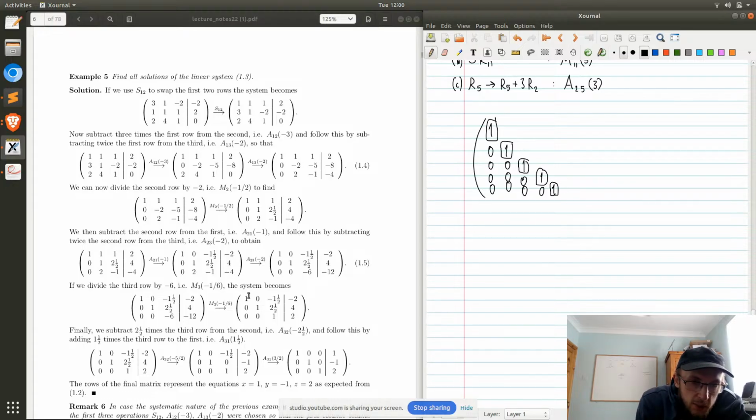And so when do they reach that stage? They reach that stage here. See, 3 1s on the main diagonal and a bunch of zeros here. Then basically they kind of like go upwards.